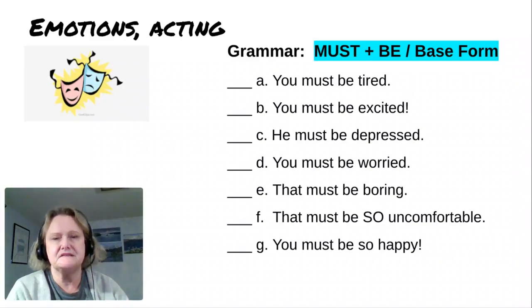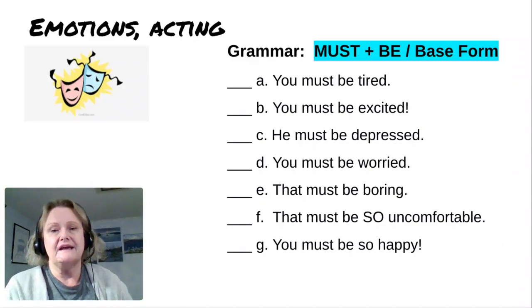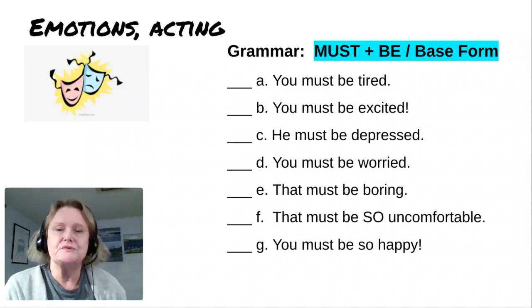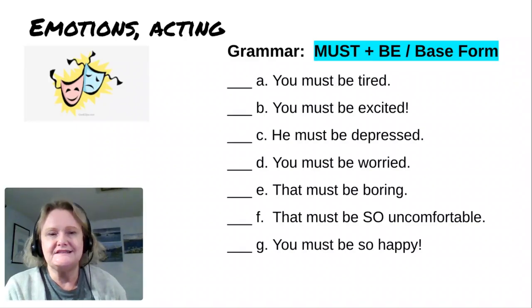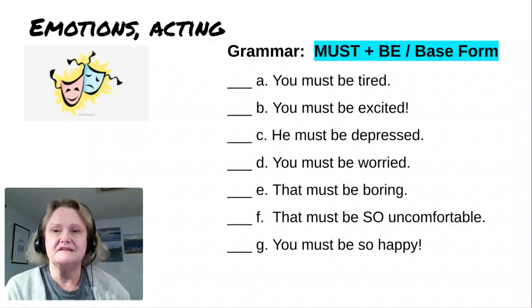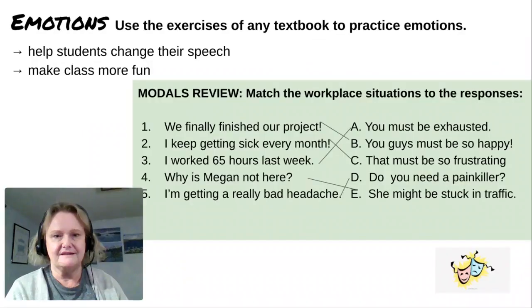That must be so boring, etc. And the students really, really enjoy doing that. They laugh a lot. We laugh a lot in class, and that is a good way for them to gain confidence and start to listen for intonation.